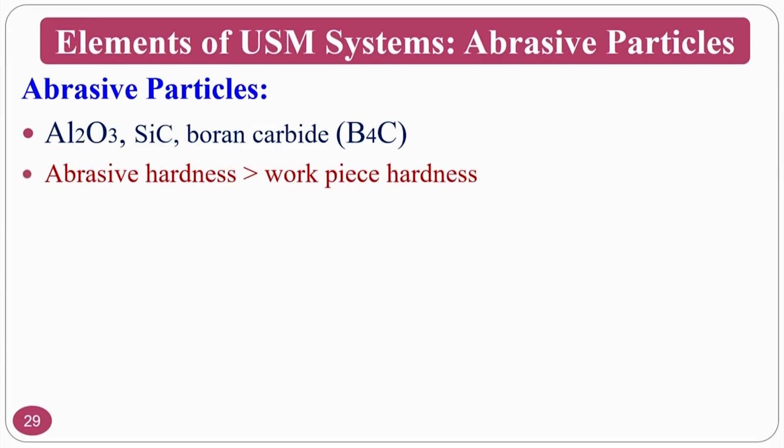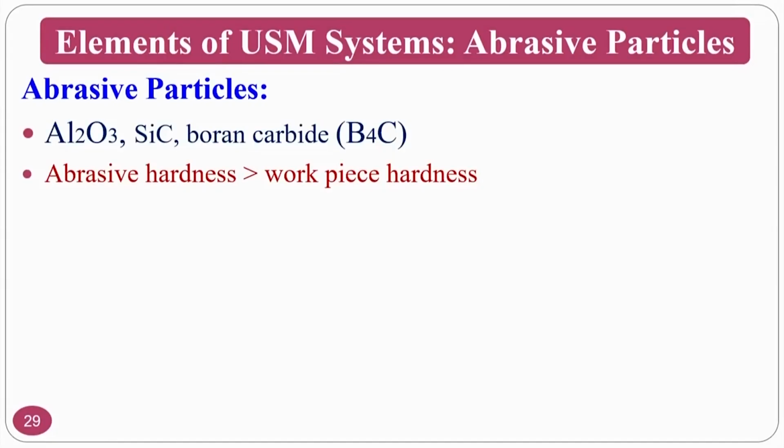As you know from conventional machining and other things you might have come across, your tool material should be much harder than the workpiece material. The same holds good for ultrasonic machining also, because ultrasonic machining is a mechanical type of advanced machining process.